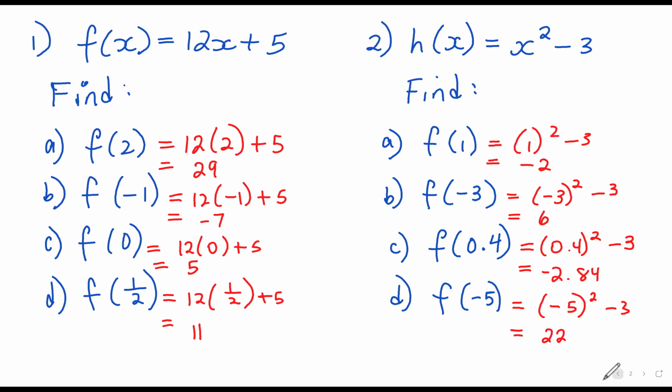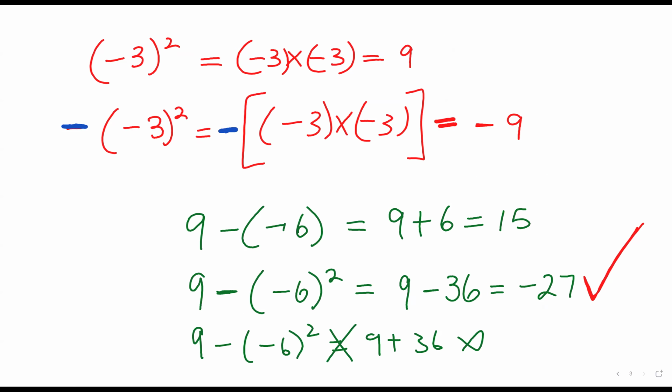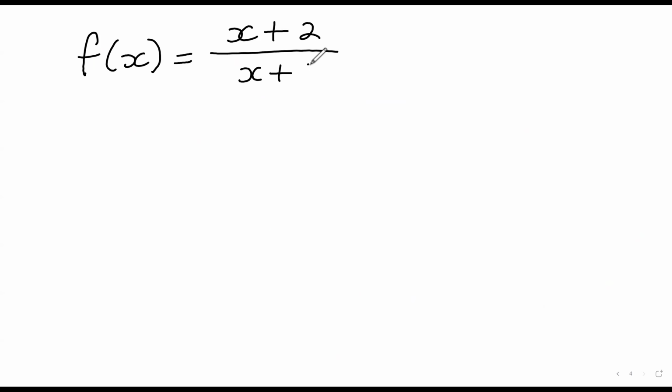All right. So guys, you can also have a rational function. And what do I mean by a rational function? I have a numerator and a denominator, right? So I could have the function f of x is equal to x plus 2 over x plus 3, for instance. The same rules apply. Let's say I want to find f of 2.